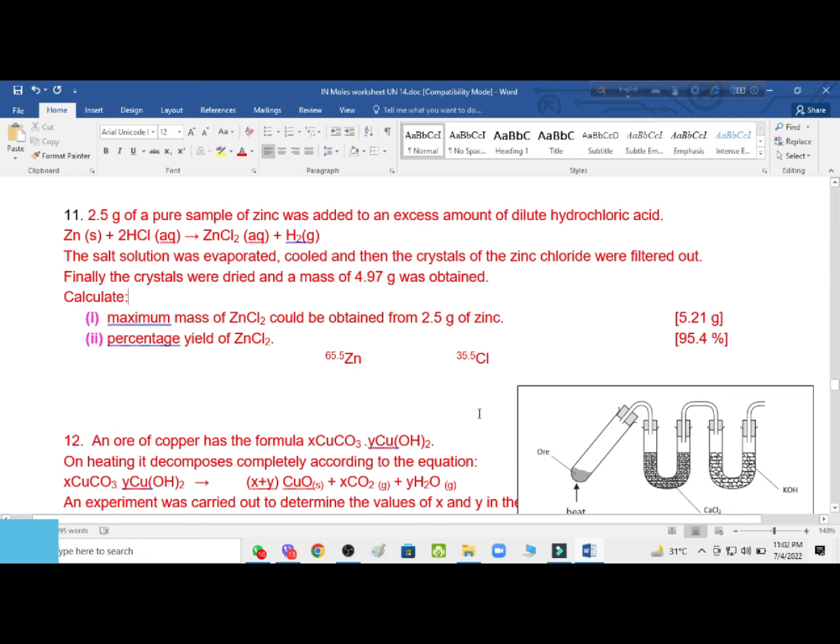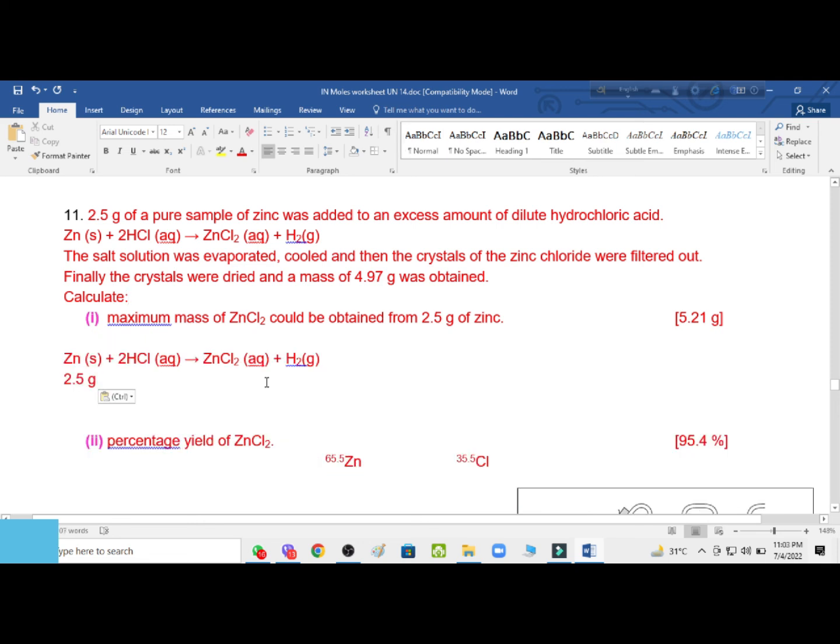Look carefully. We use the equation. This is the equation. It says you have this gram pure zinc, right? You got the pure zinc, and at the end you have got this zinc chloride 4.97, but this mass is experimental, right? Someone has carried out this experiment and got this result.